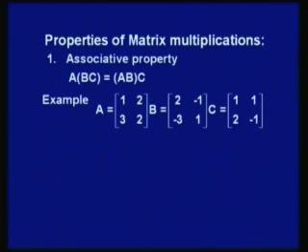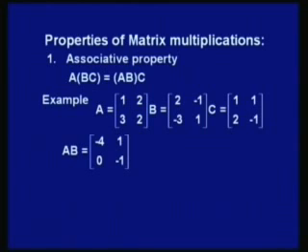If A is this matrix, A is a 2 by 2 matrix, B is also a 2 by 2 matrix, C is this 2 by 2 matrix, then AB will be 1 into 2 and 2 minus 3 is minus 4, and 1, 2 multiplied by minus 1, 1 gives me 1. This row is multiplied by this column to give me this, and this row multiplied by this will give me minus 1.